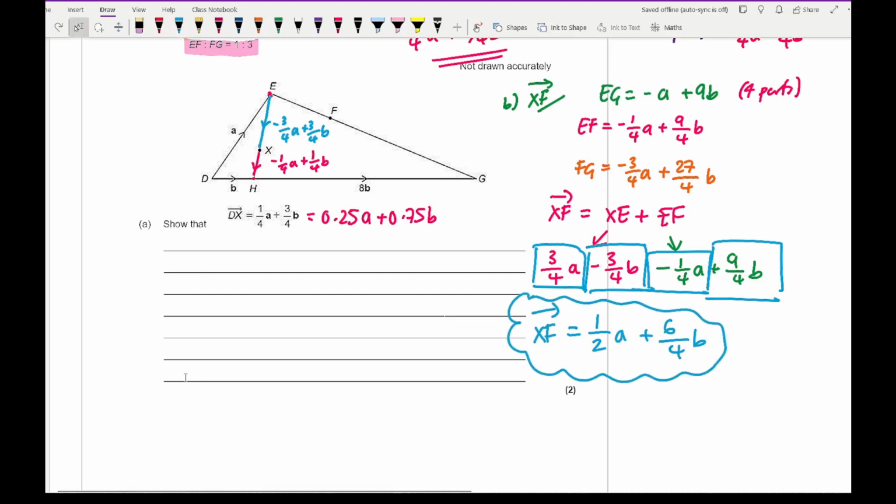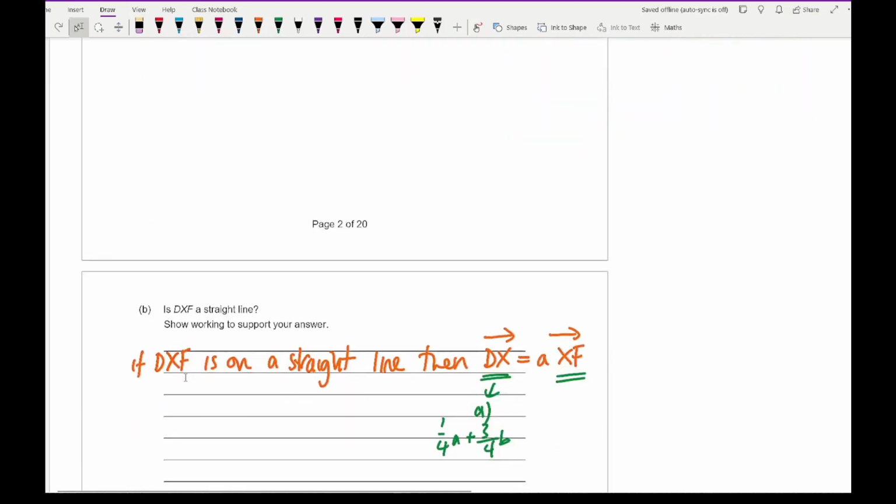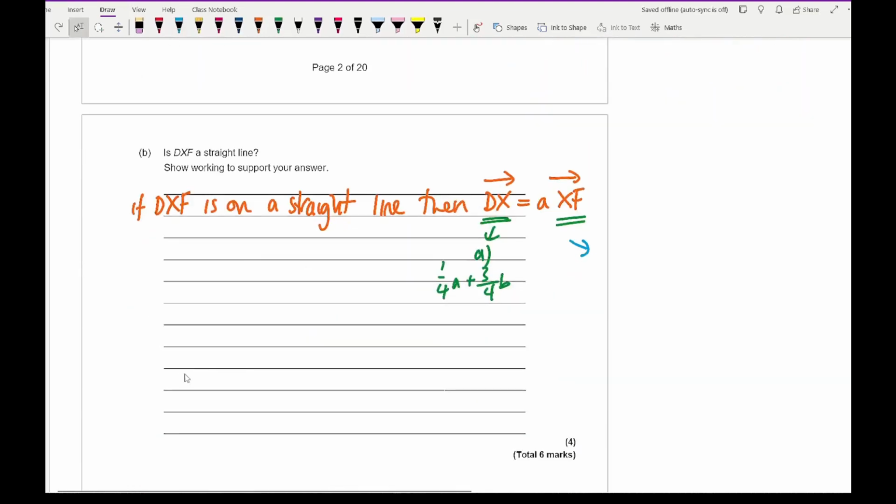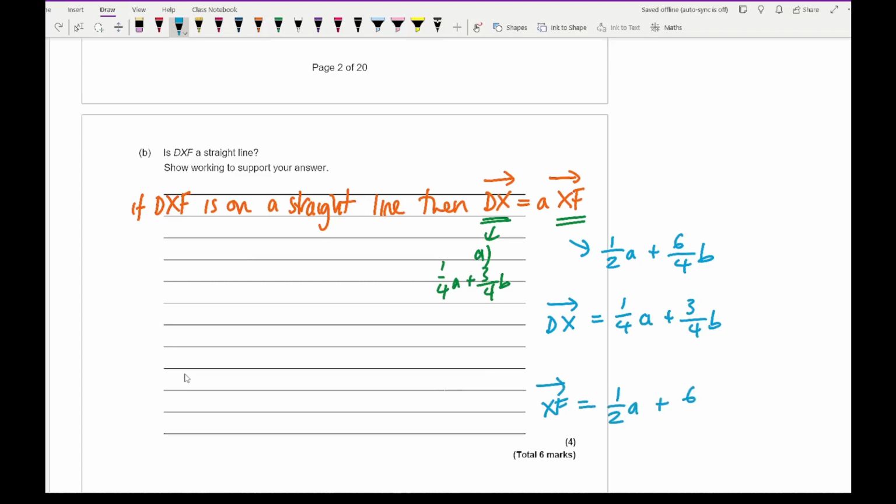Now going back to what I was proving, I know that this is 1/2 A plus 6/4 B. If I write them one on top of the other, I've got D to X, which equals 1/4 A plus 3/4 B, and X to F, which is 1/2 A plus 6/4 B. So what do I need to do to get from this to this?